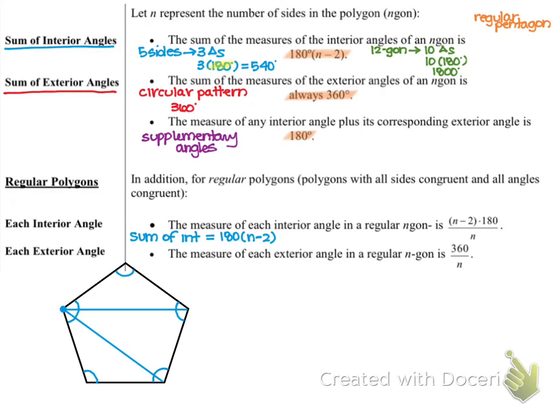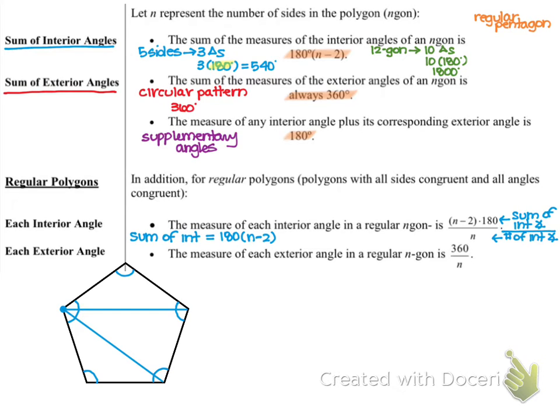So what I want to do to find each interior angle, going over to my formula, we're going to find the sum of the interior angles, and we're going to divide it by the number of interior angles. So I'm going to divide it evenly.